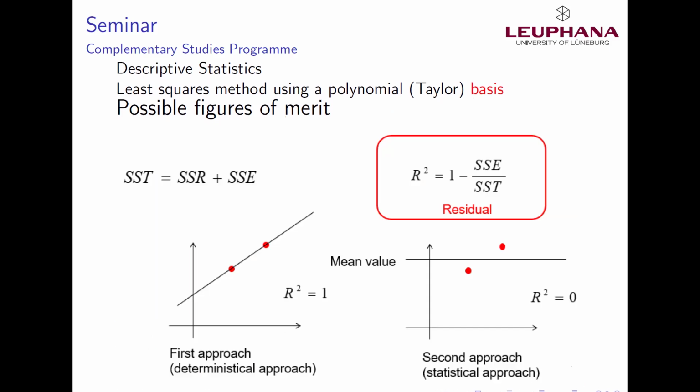It's clear that SSE cannot be larger than SST. Clear, no?